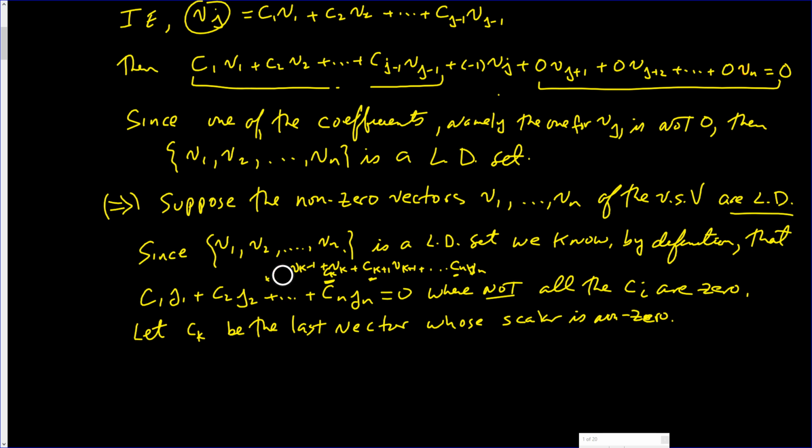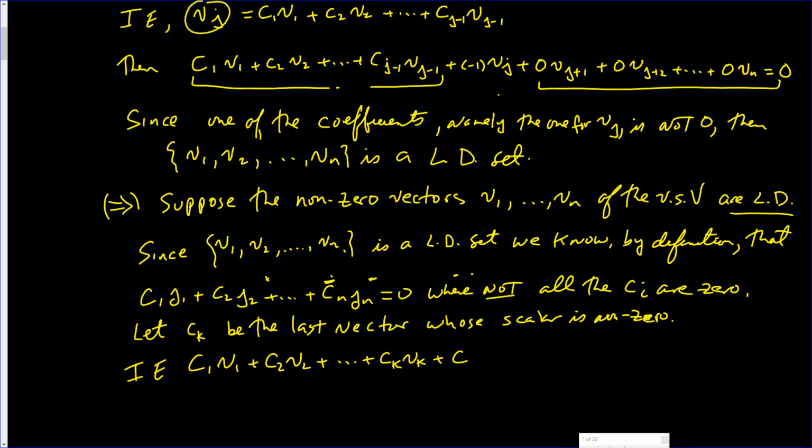So why don't we write that up formally? That is C1 V1 plus C2 V2 all the way up to Ck Vk plus C sub k plus 1, V sub k plus 1, all the way down to Cn Vn is 0.